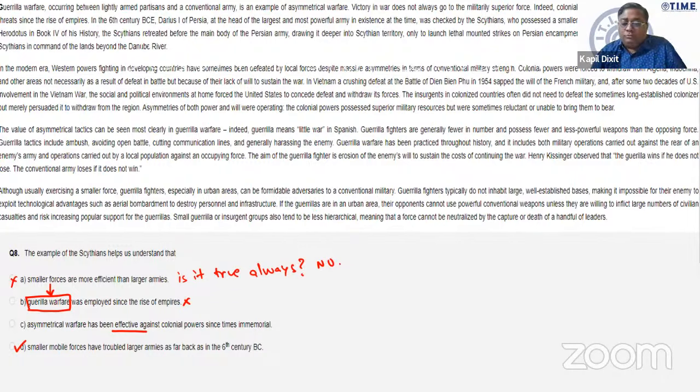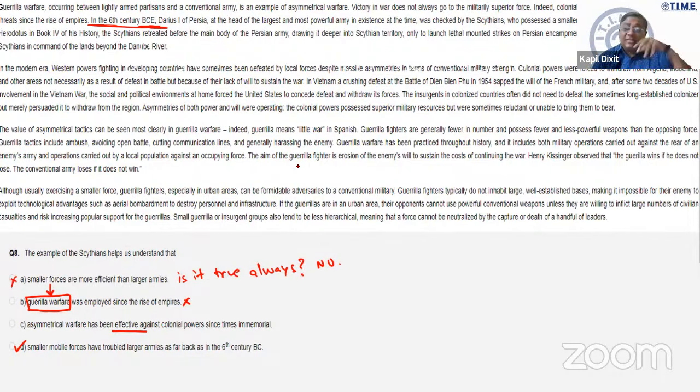So if you go to the 6th century BC wali line, in this particular para, from here, it is written: indeed, colonial powers have contended with asymmetrical threats since the rise of empires.